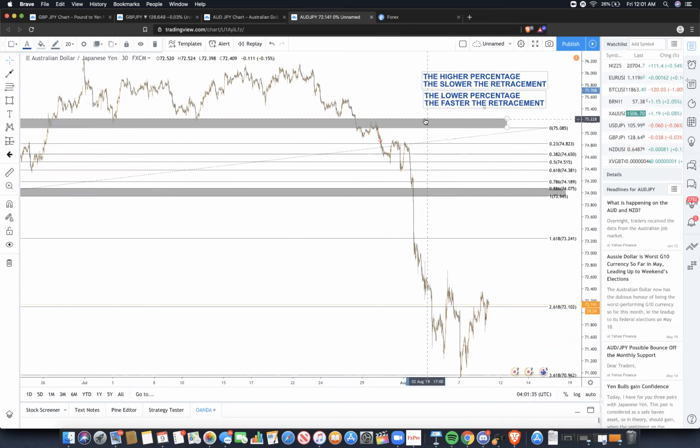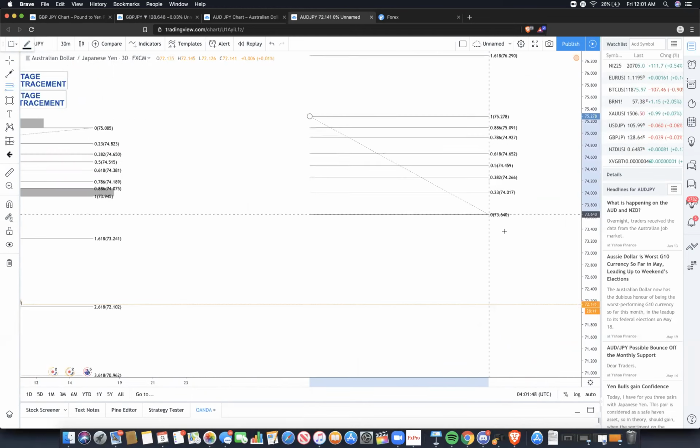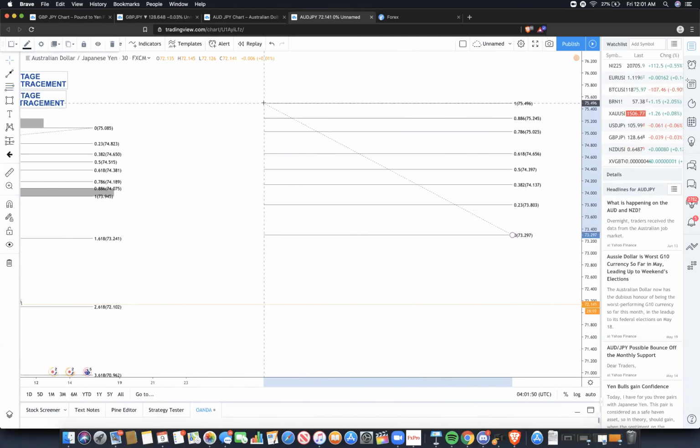Okay, got it. The lower the percentage, the faster the retracement. So let's talk about it here, and I'm going to draw it on a blank screen so you guys can see it. If the market was shooting up and it failed to break the 23.6, that tells you there's going to be a fast retracement back down.